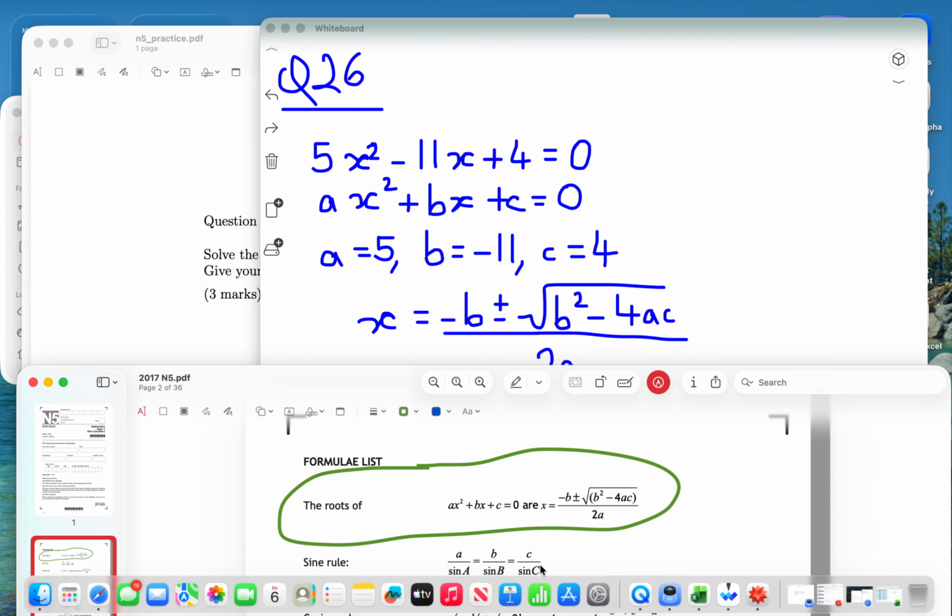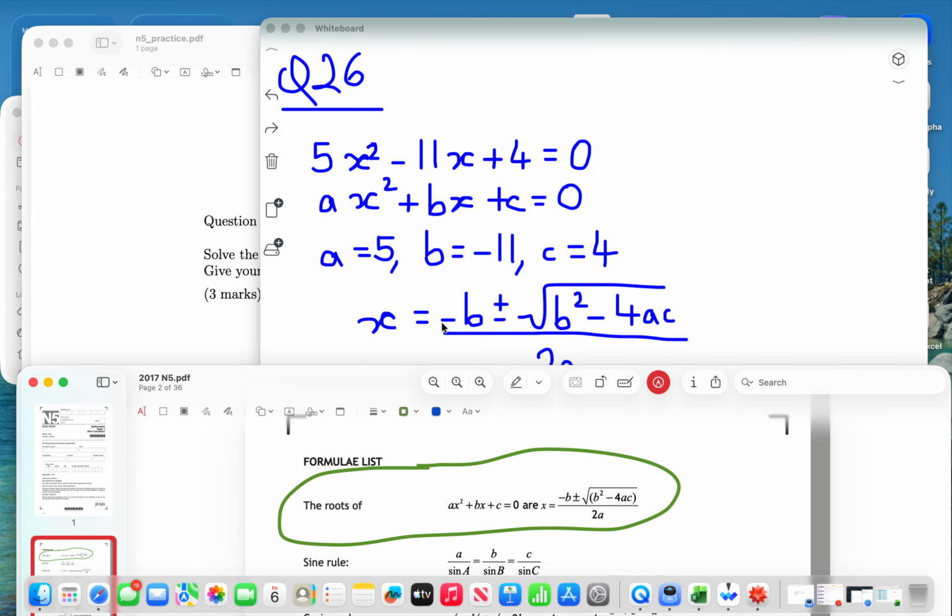I know you're thinking, this is easy, I have the formula given to me. The difficulty is you have to make sure you, A, know how to use it, and B, you copy this down exactly as it appears.